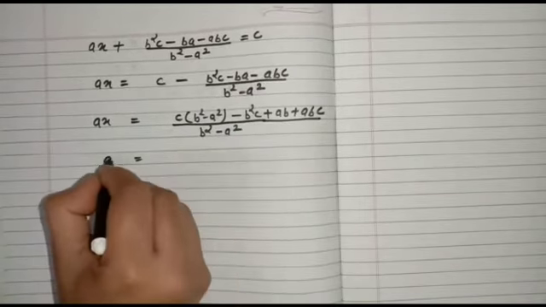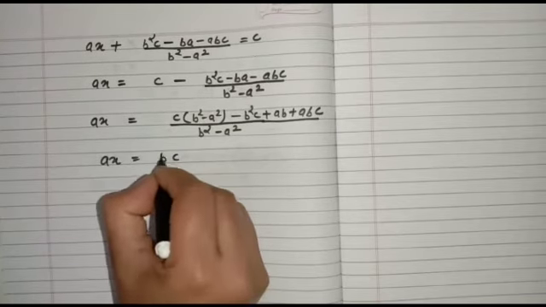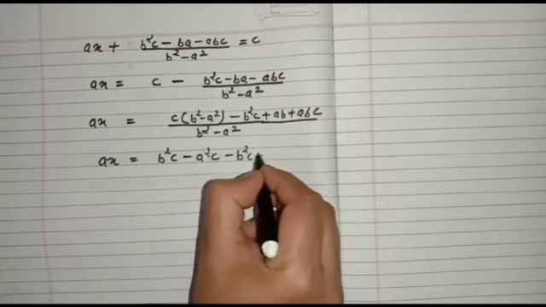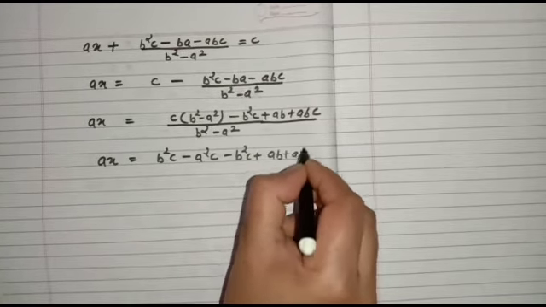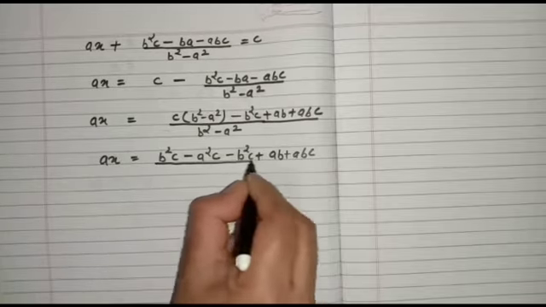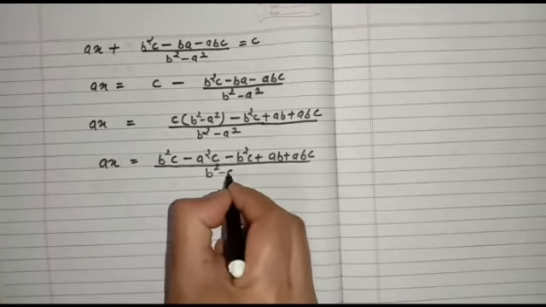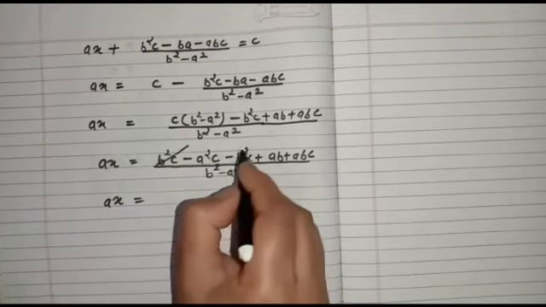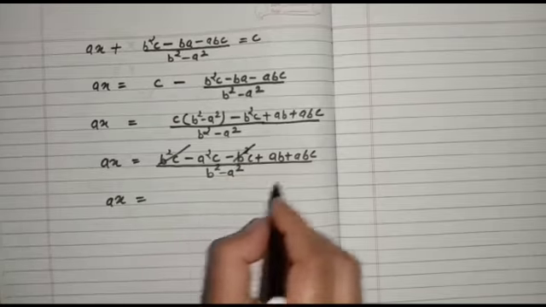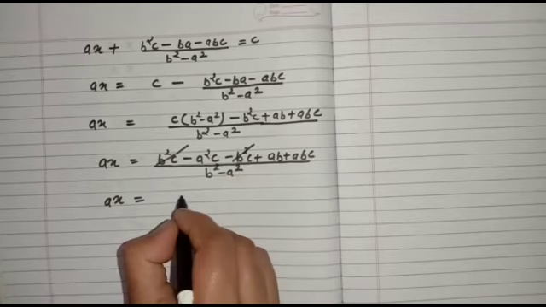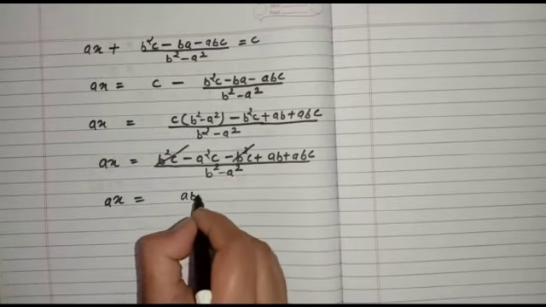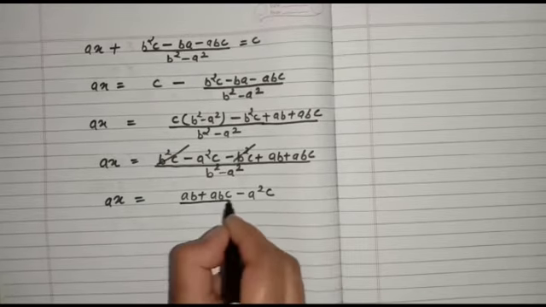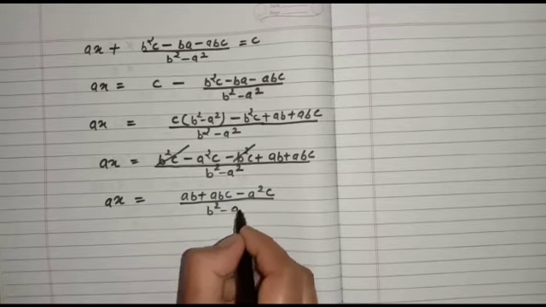Open this bracket. Ax equals b square c minus a square c minus b square c plus ab plus abc, whole divided by b square minus a square. As you can see, this b square c cancels with this minus b square c, and if we write positive terms first, we will get ab plus abc minus a square c upon b square minus a square.